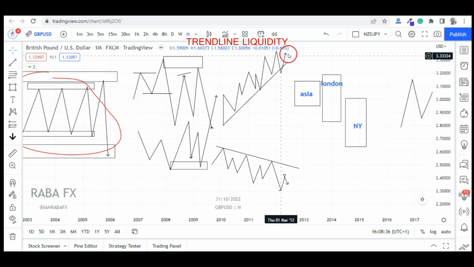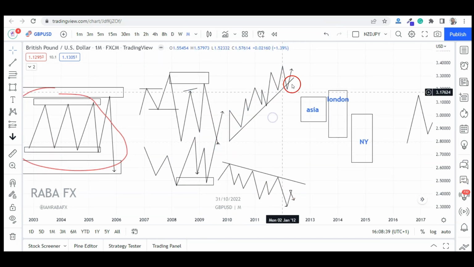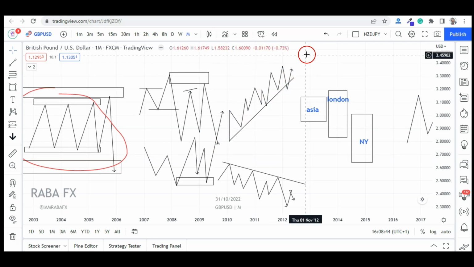Now, the next one here is a trend line, okay? The way I use a trend line, I don't use it to place trades here and there. I use it as a form of what? Target.